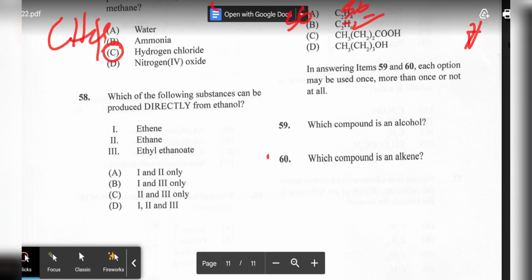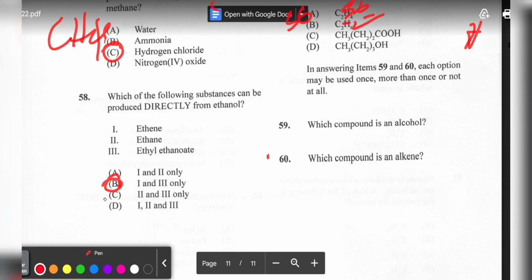And here you have ethene, which you can, yes, because ethene can be formed from the dehydration of ethanol. Can we get ethane directly? No. And can we get ethyl ethanoate? Yes, we can. If we react ethanol with ethanoic acid, we'll get ethyl ethanoate. So our answer here is actually 1 and 3, which is B. All right, so we're doing well.